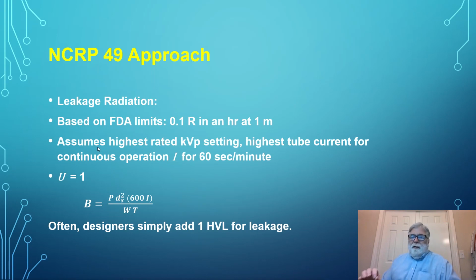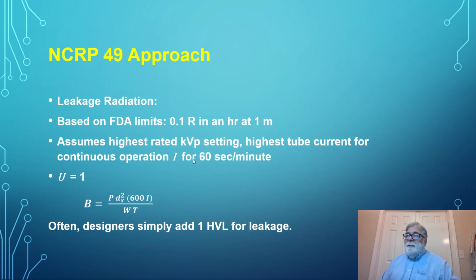It assumes that this occurs at the rate of potential, so that 100 milliroentgen per hour is going to occur with the highest kV setting. That's more penetrating, more radiation will escape. So they assume you're at that highest setting, getting the 100 milliroentgen in an hour, and the highest tube current that's possible, continuously operating at that current and that voltage.